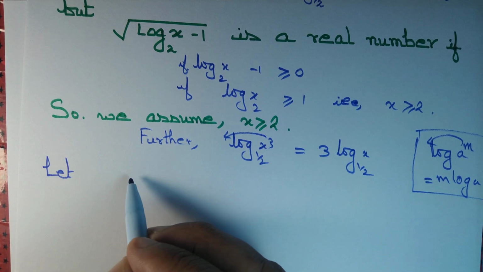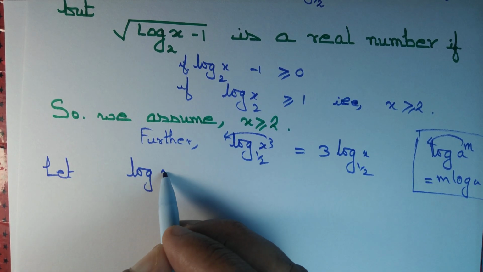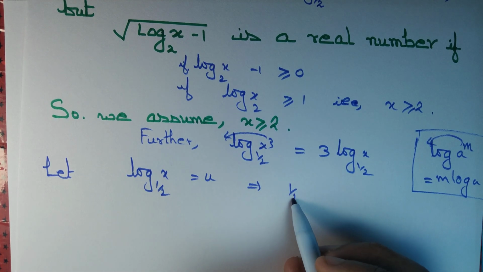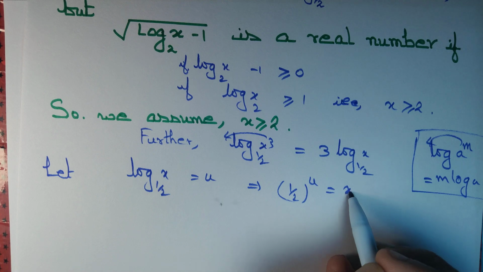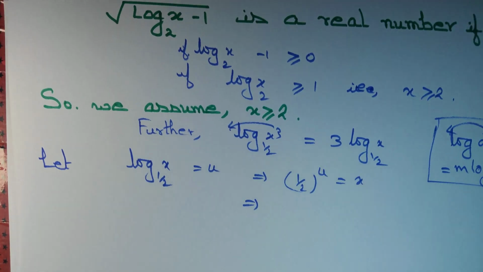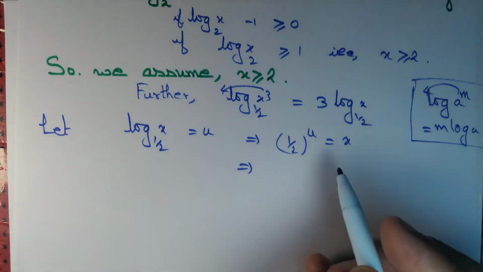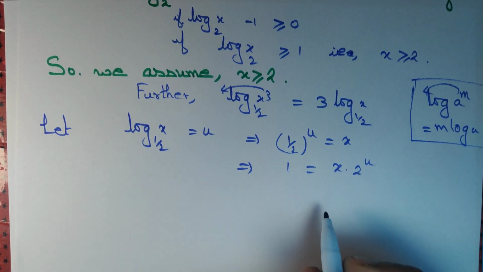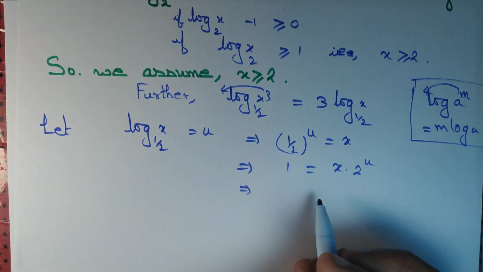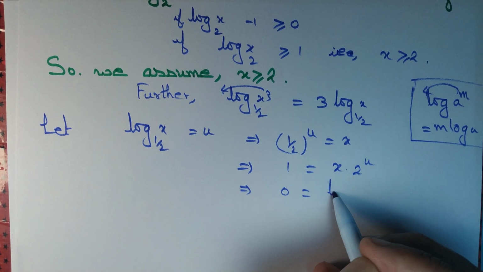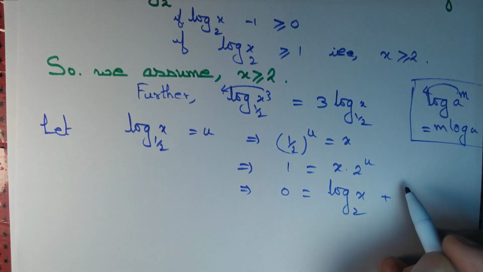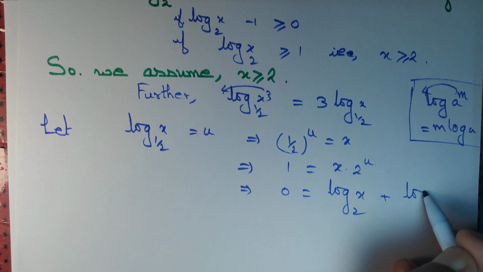Let log of x with base half be equal to u. That implies half to the power u equals x. We cross multiply it: 1 equals x into 2 to the power u. Let's take log with base 2. So log of 1 with base 2 is 0, equal to log of x with base 2 plus log of 2 to the power u with base 2.